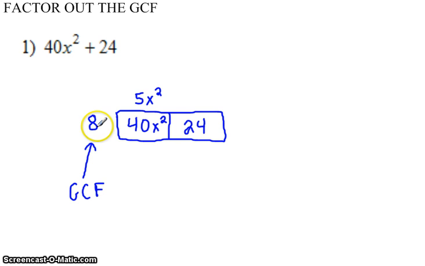All right. And then 8 times what gives me 24? Well, that's going to be 3. What's nice about using the window method is that you can see the check already. It's like you're doing the work and checking it at the same time. This works. So the way we write our final answer for the factoring is 8 times the quantity 5x squared plus 3.